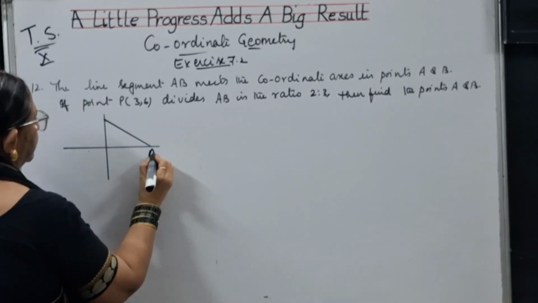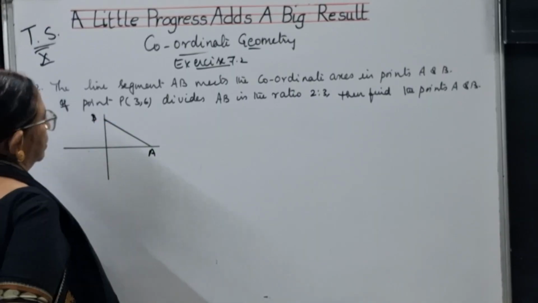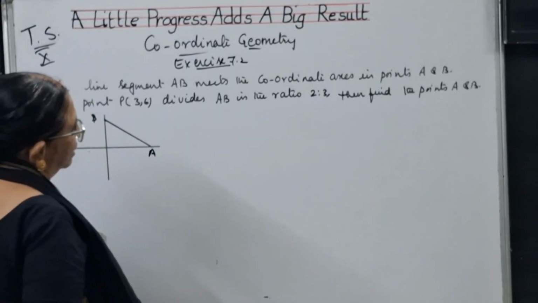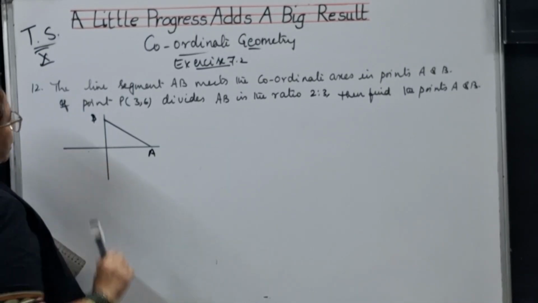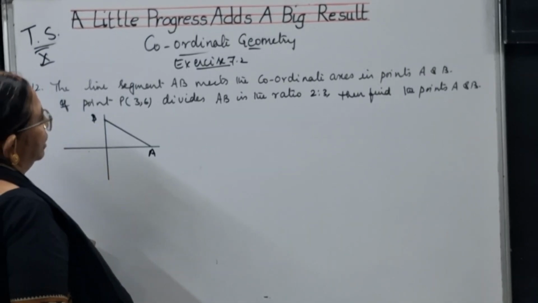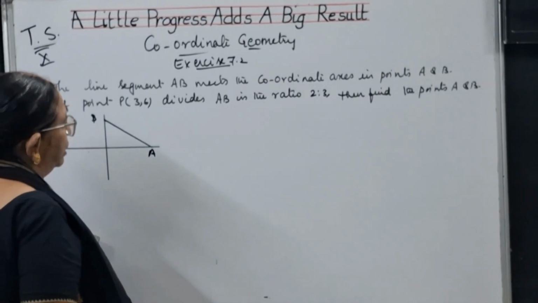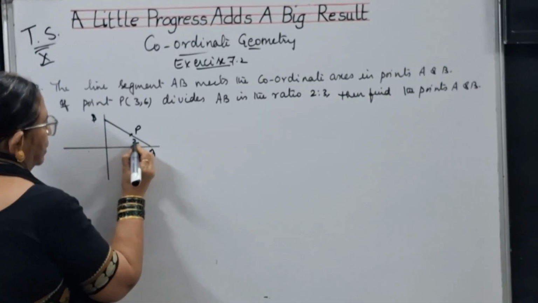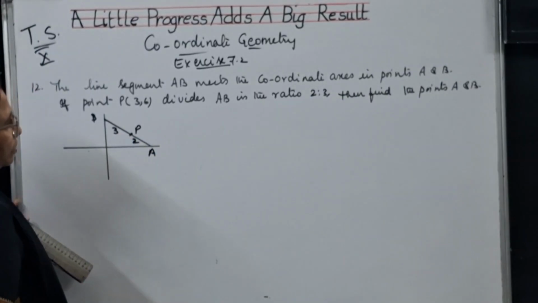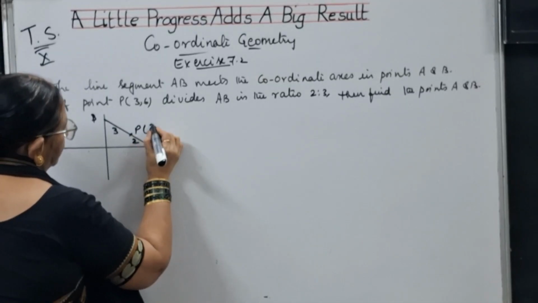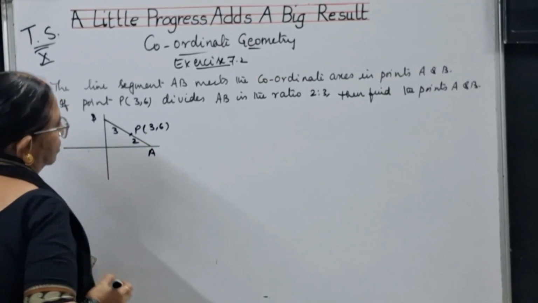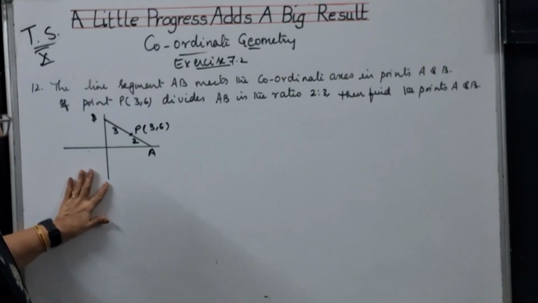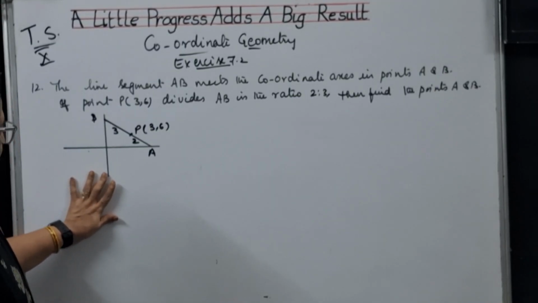Let me consider it as A and B. A point P (3, 6) divides AB in 2:3 ratio. So let me call it as P. It is dividing AB in 2:3 ratio, and the P coordinates are given as 3, 6. Now you have to find out what are the coordinates of A and what are the coordinates of B.